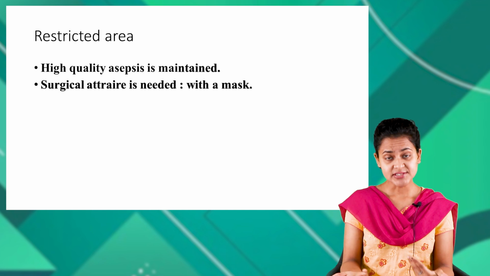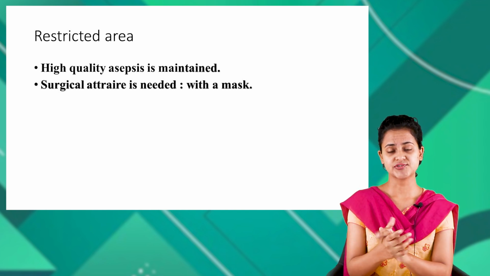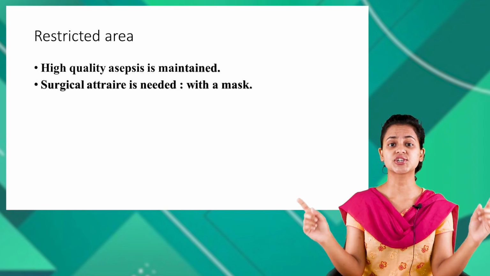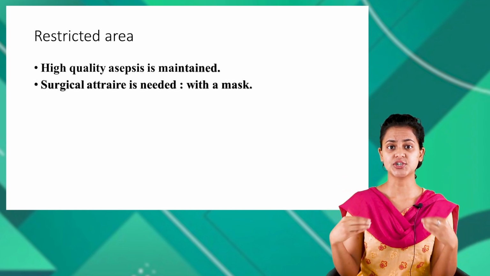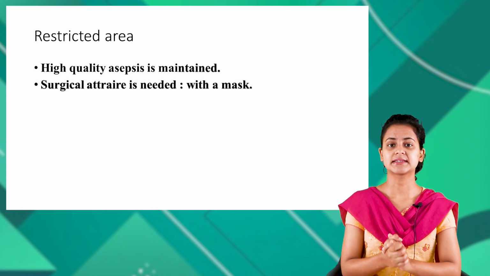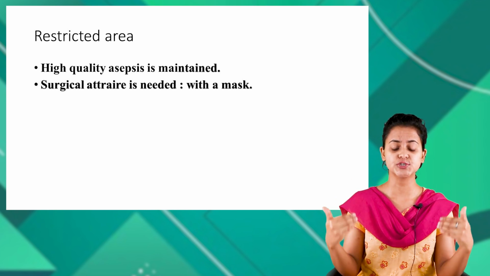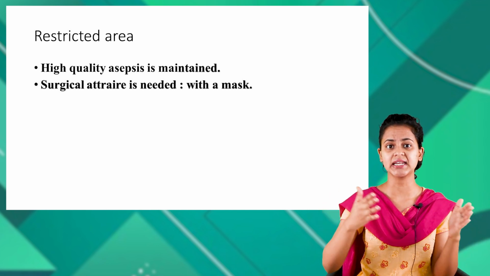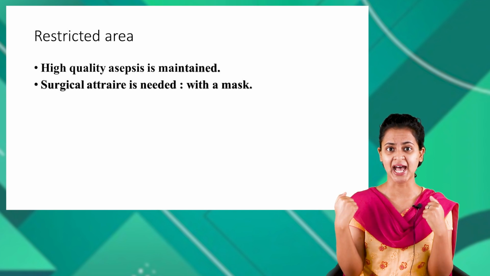The restricted area or complete restricted area in a surgical unit basically refers to the surgical room where the surgery would be performed. Here the high quality asepsis will be maintained. It will have a non-sterile and sterile zone as well.